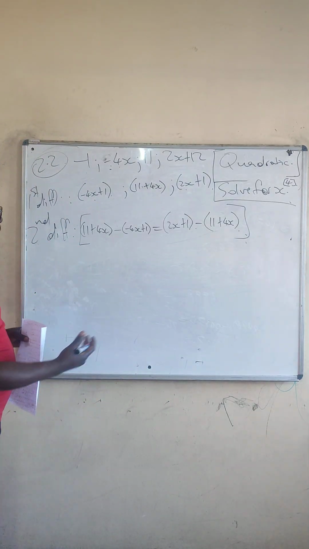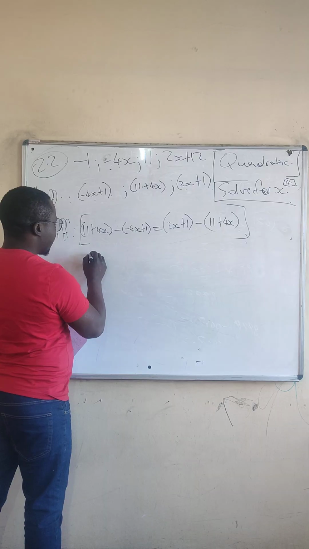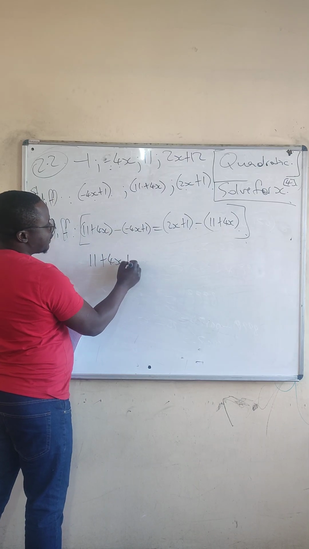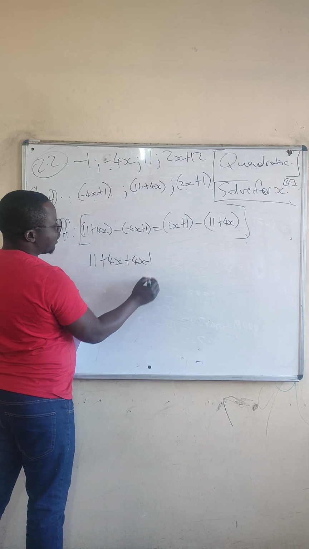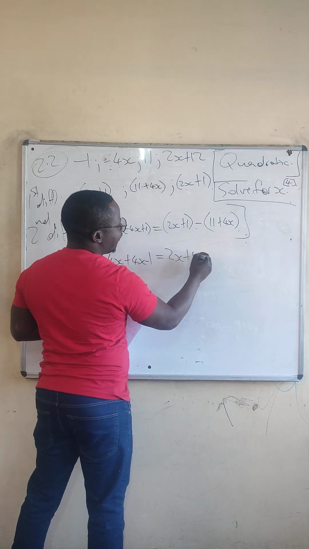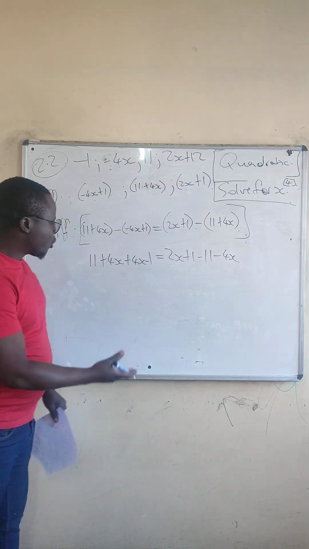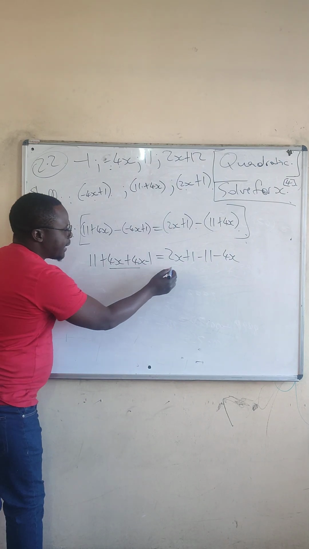So let's go ahead and solve this equation. We are going to collect like terms. Open brackets first: 11 plus 4x, minus and minus is plus 4x, minus and positive is minus 1, equals 2x plus 1 minus 11 and then minus 4x. After opening brackets, let's collect like terms.